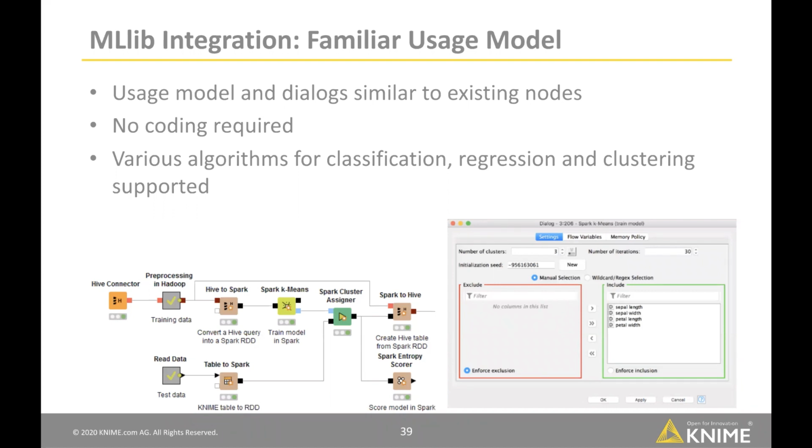You'll find that a lot of the dialogs, for example Spark k-means or the tree learner nodes, look relatively similar to the standard KNIME tree learners. We're trying to flatten the learning curve for users here, and of course, they require no coding. There's this large set of algorithms that we have.